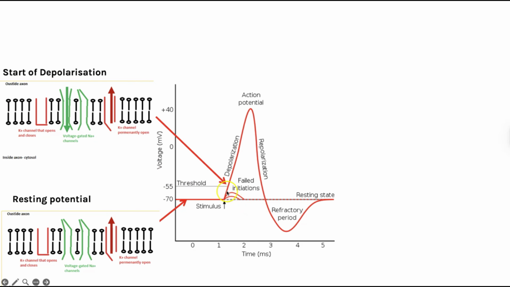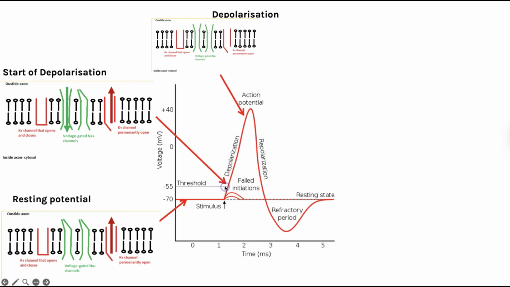So we can see that it is becoming more positive. When you have the threshold potential reached of minus 55 millivolts, that then causes even more voltage gated sodium ion channels to open. So we get even more depolarization because more sodium ions diffuse in, up to a maximum of positive 40 millivolts.